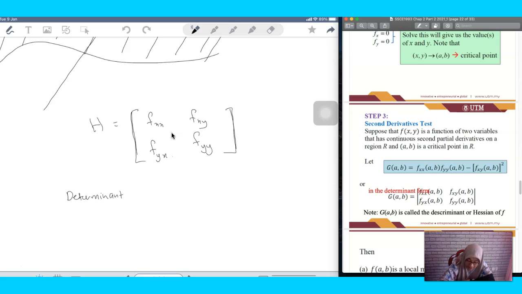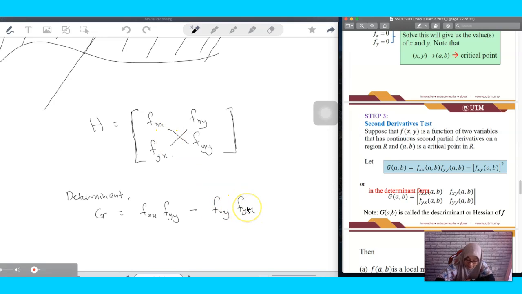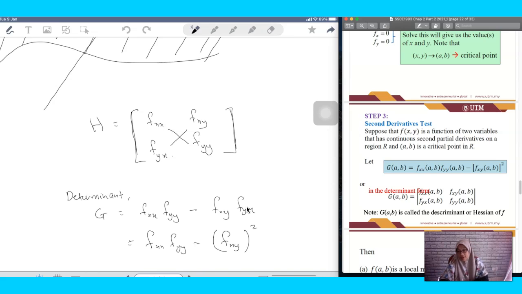But if you want to get the determinant, it is transformed into G, where you just cross multiply: fxx multiplied by fyy minus fxy times fyx. Because fyx and fxy are the same, we can simplify. We have fxx fyy minus fxy squared. So that is the formula.